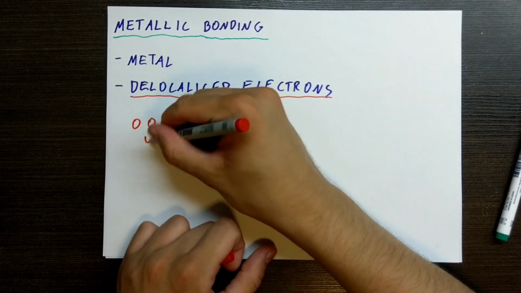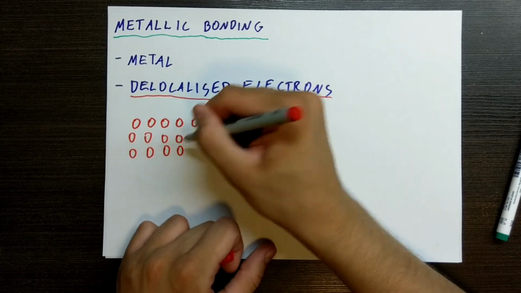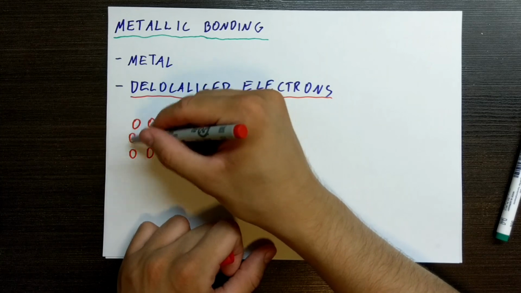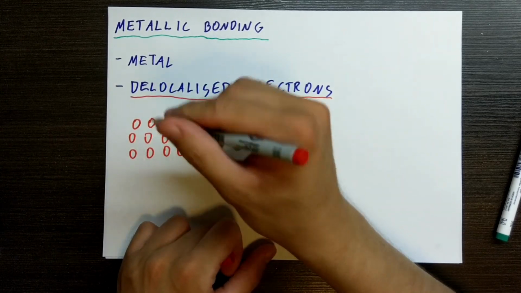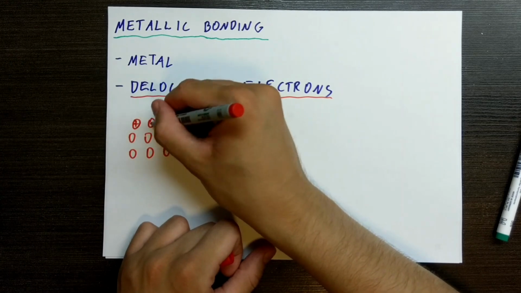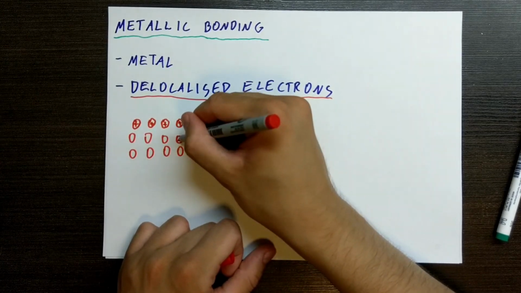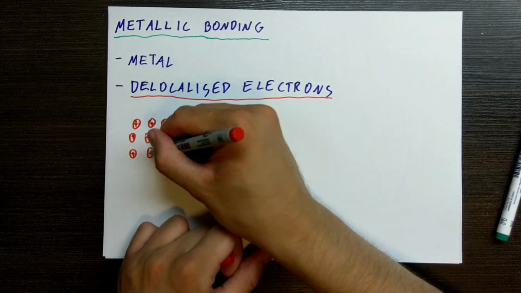They are tightly packed together into a solid shape, somewhat like this. And so these guys here are actually nuclei of these atoms, positively charged nuclei. So I'm going to put pluses here. So all of these guys are positively charged.